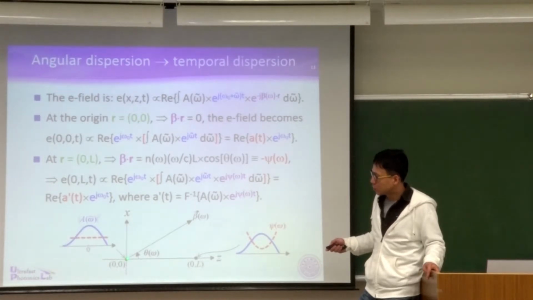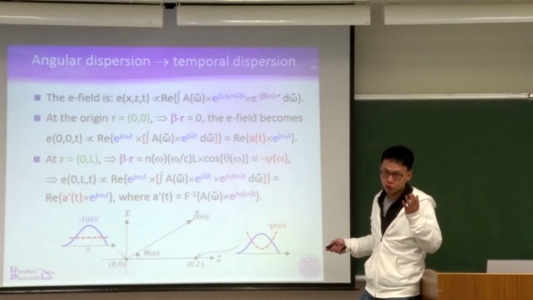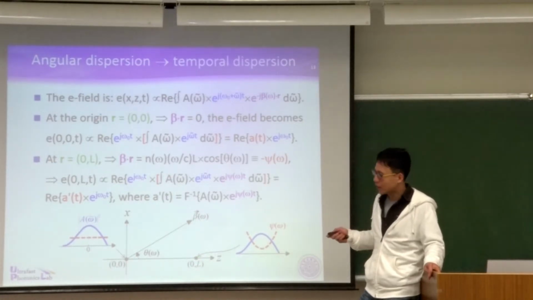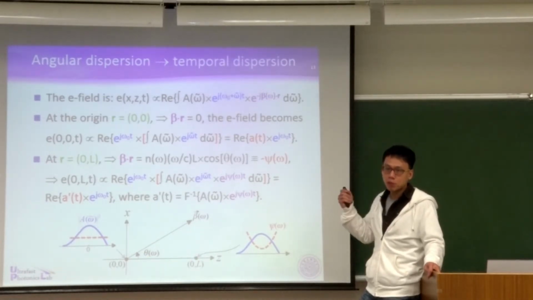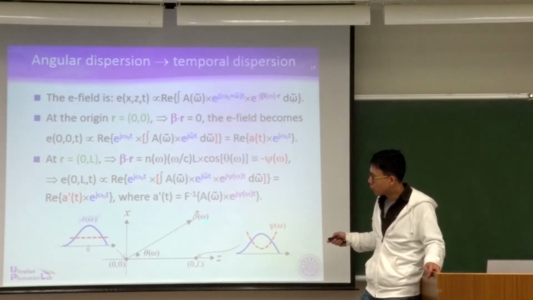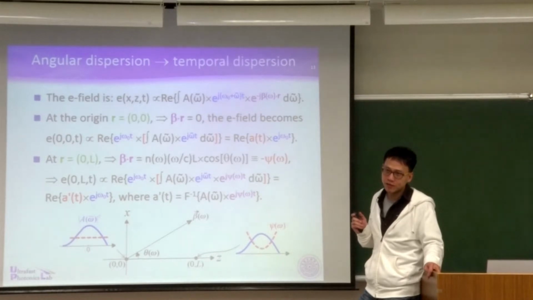If the short pulse at the origin is transform limited, it becomes chirped when you move the observation point to 0, L. So that means if you scan the observation points along the reference direction, you will see the pulse becomes more and more strongly chirped. And it occurs whenever you have this one, angular dispersion.